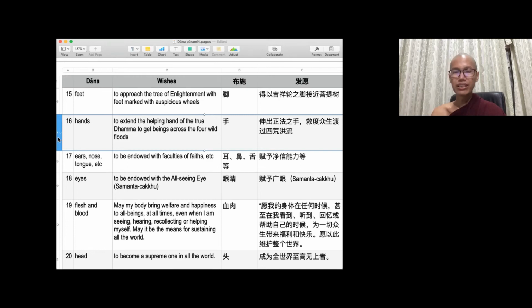Next one, ditthoga, the wrong view flood. Some people hold a wrong view. Buddha's disciples explain in many ways with reasons, with reasonable thinking or logic, but they still hold this wrong view.